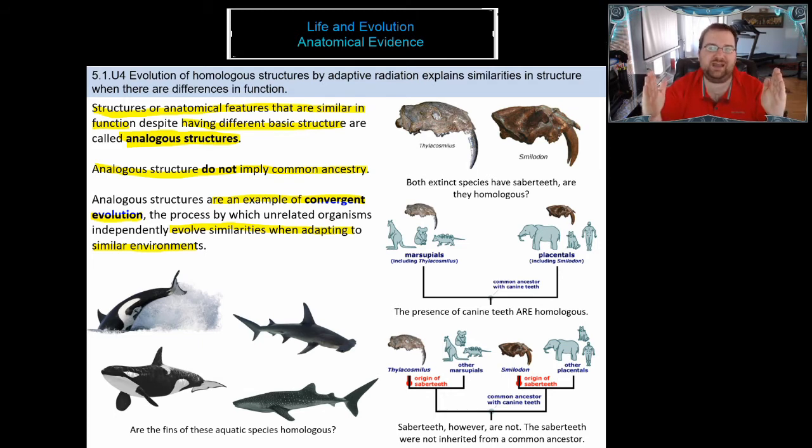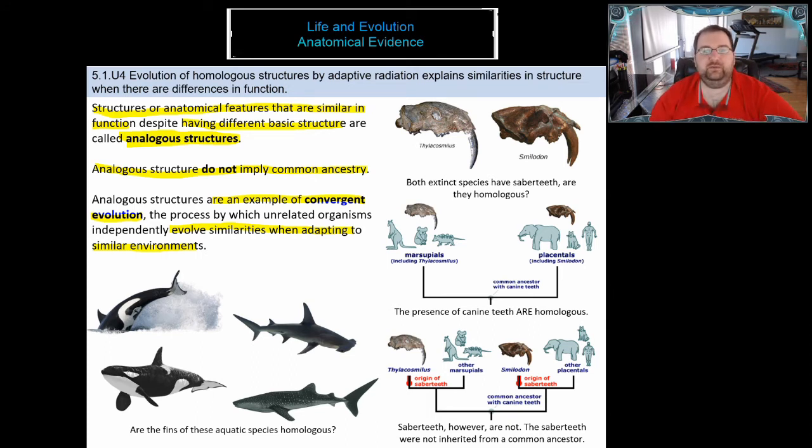But because you're adapting to similar environments, you end up with features that allow you to become adapted well to that environment. And they're likely going to be the same feature, like fins for swimming. And you might end up looking the same. Like if you look at whales and sharks, they obviously look similar, but they didn't come from the same place. So that's convergent evolution. And they have analogous structures. They do not have a common ancestor.